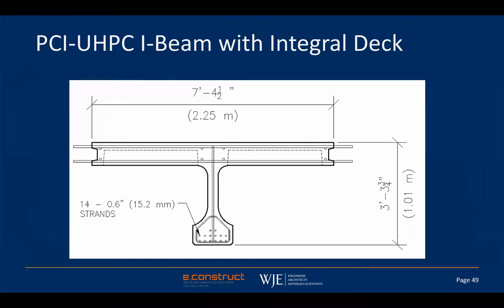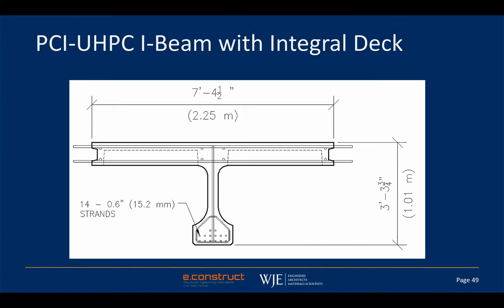One cross-section that appears to be optimum in structural design, but also difficult in forming, is to take the idea that FHWA helped Iowa State University with a few years ago, which is called waffle slab, and combine it with the I-beam itself to create what's called a decked I-beam.